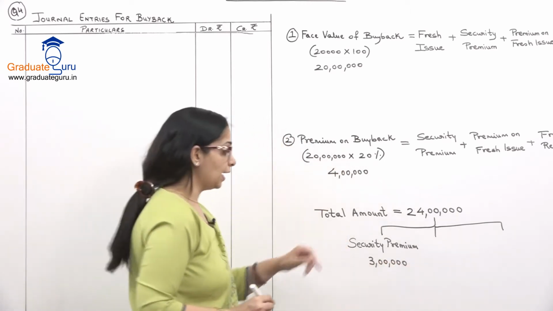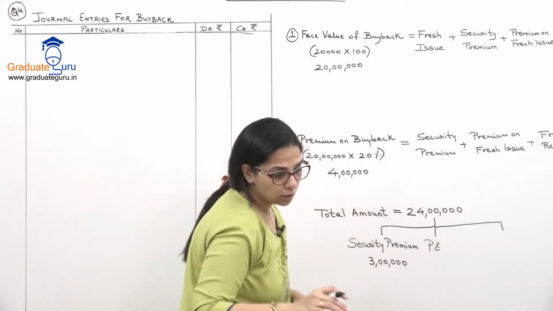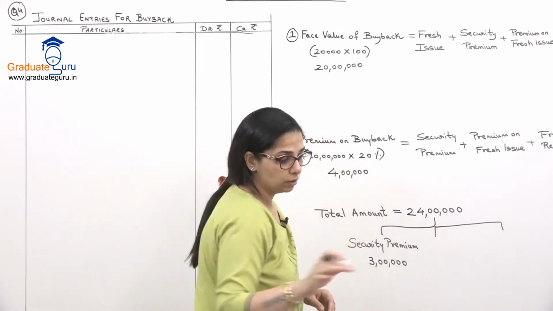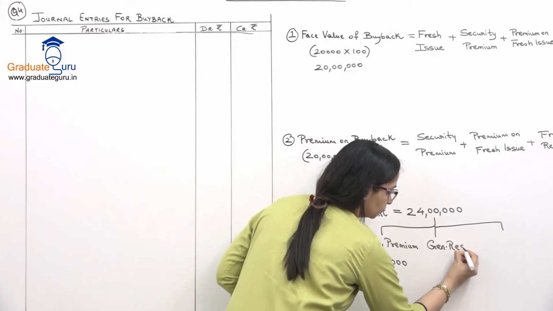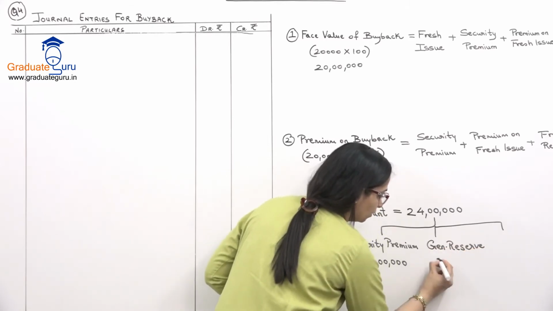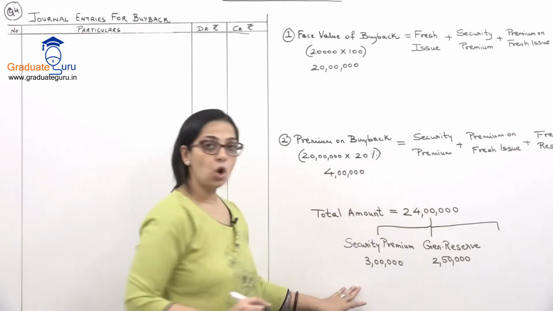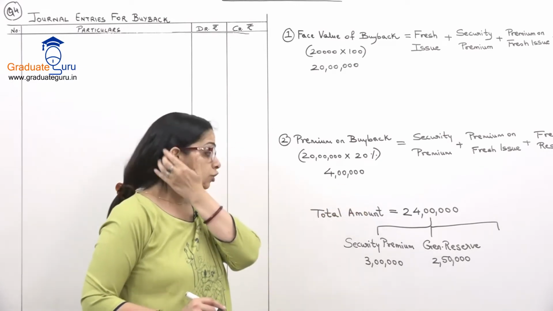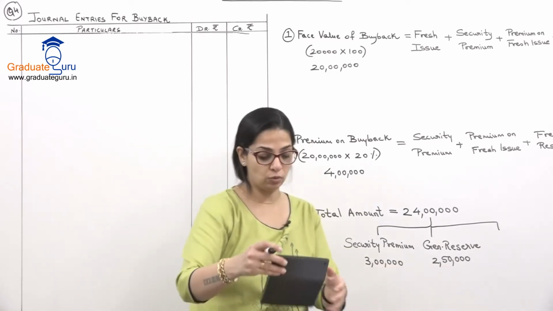We also have general reserve, not P&L. So general reserve we have 2,50,000. And this is all the reserves I have, which I can use for my buyback. So out of 24 lakhs, I have 5,50,000.